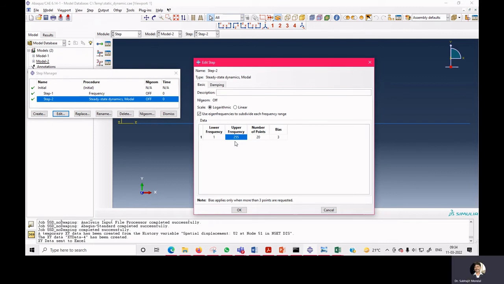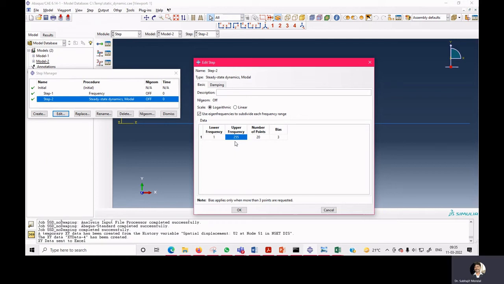Okay, so here you can see in our modal analysis we have observed that first frequency is nearly 8 hertz, and your fifth frequency was nearly 250 hertz. So I have given the upper frequency as 255 hertz. Okay, so what ABAQUS will do, ABAQUS will basically take this frequency range to plot your response.